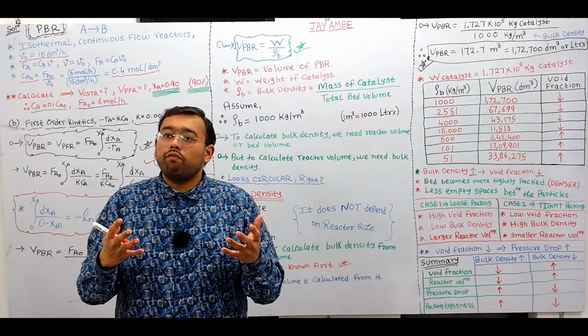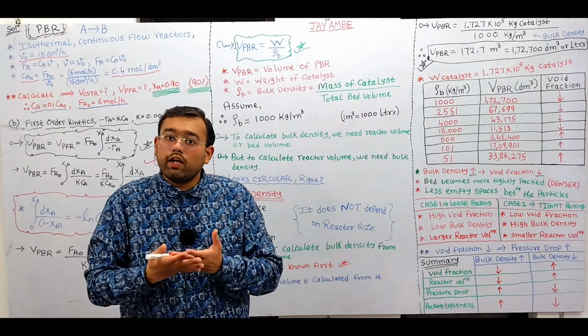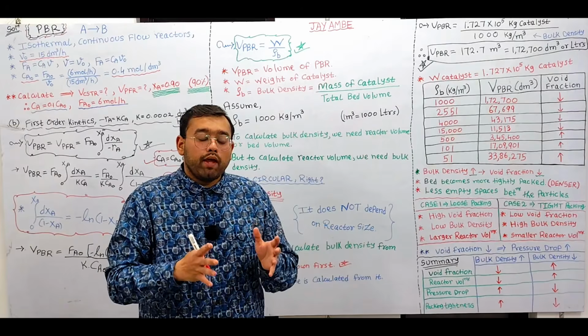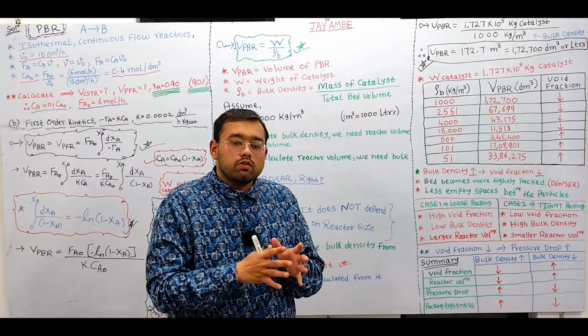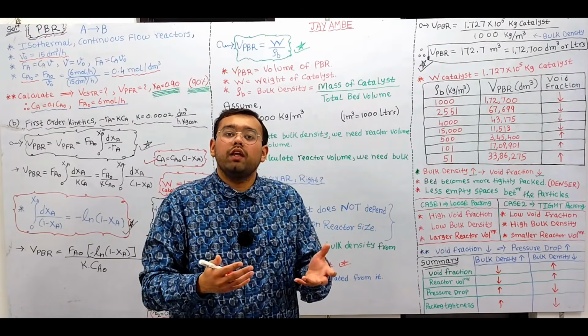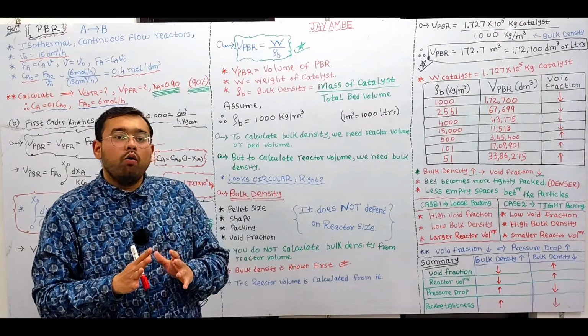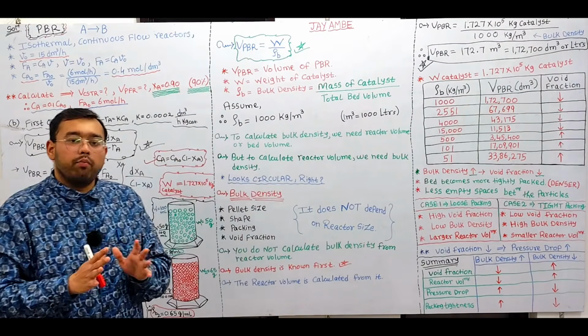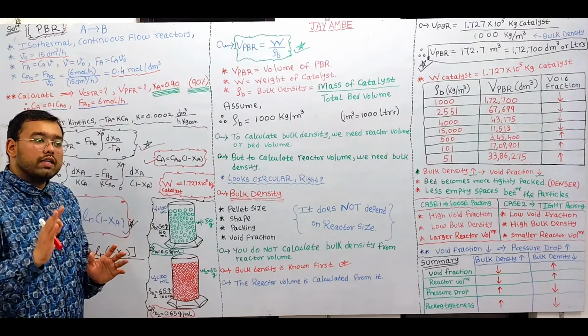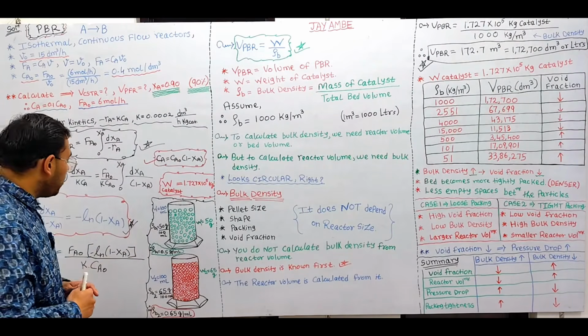What if we pack the packing materials very tightly? What if we pack the solid catalyst very loosely? What will happen, right? We need to account for all those things, and based on this we need to design the volume of the packed bed reactor, right?